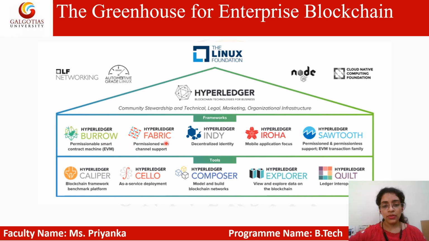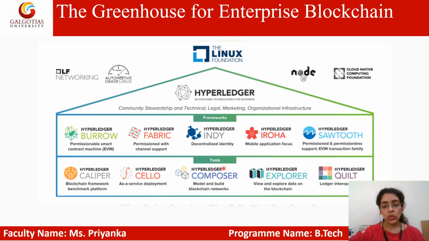Hyperledger Fabric is one of the very important frameworks of Hyperledger, where you can create your permissioned blockchain with channel support. Next is Hyperledger Indy, which is for decentralized identity. Iroha is for mobile applications. With Sawtooth, we can go for permissioned as well as permissionless. These are the frameworks where you can implement.